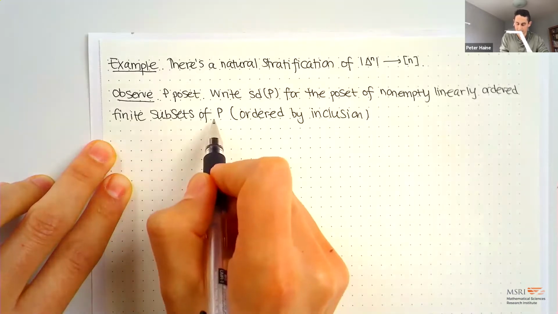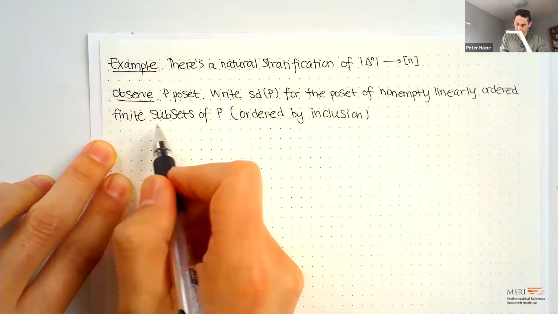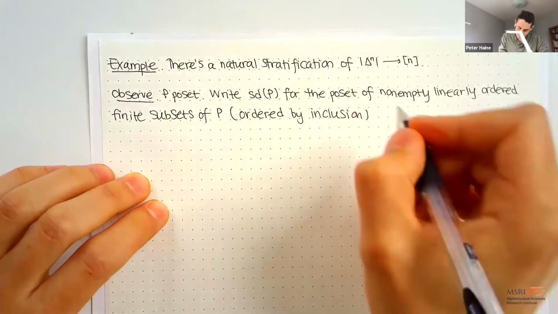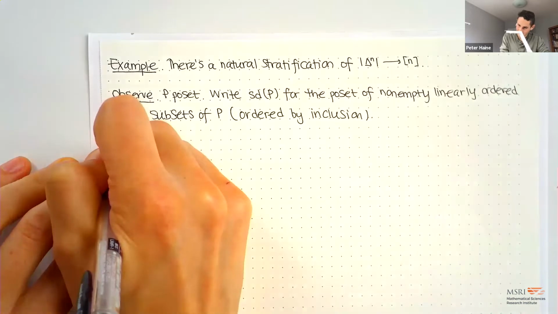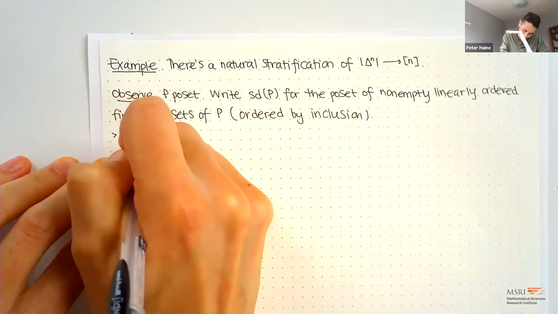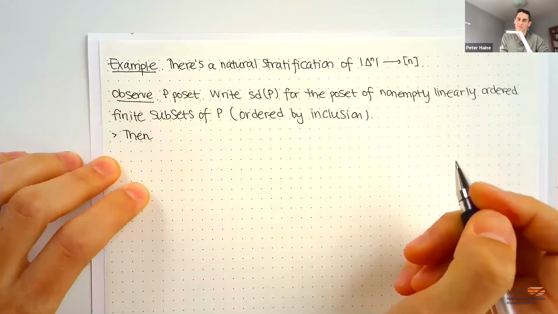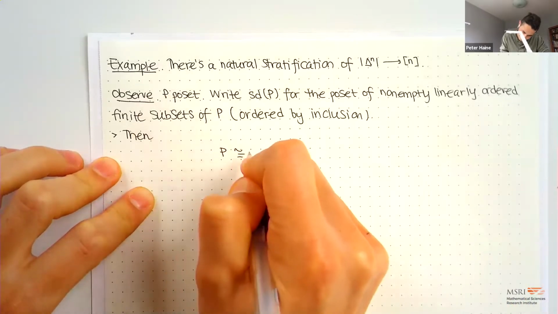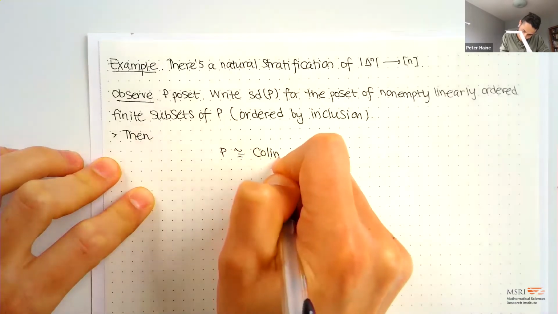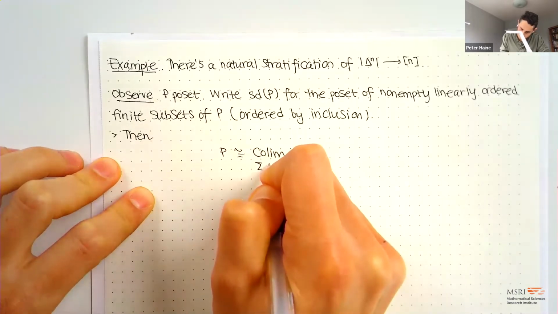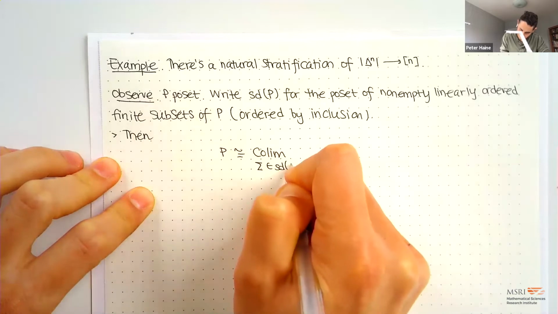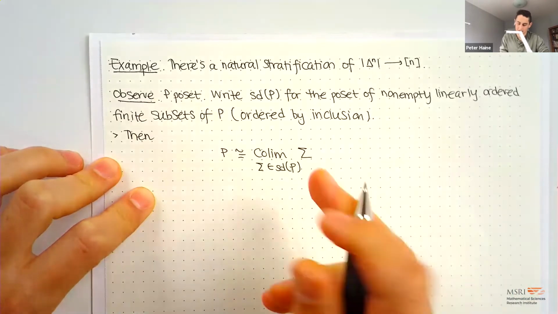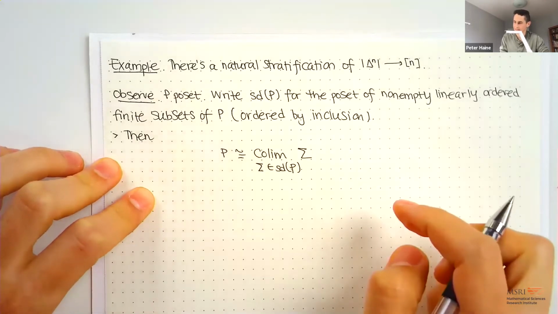Usually Clark and I like to call this a string, because non-empty linearly ordered finite subset is a very long phrase to describe something very simple. Then the poset can actually be recovered as a colimit given by gluing all of these non-empty linearly ordered finite subsets together, along the inclusions of these.